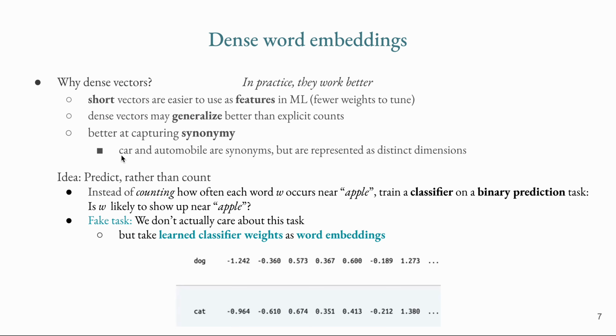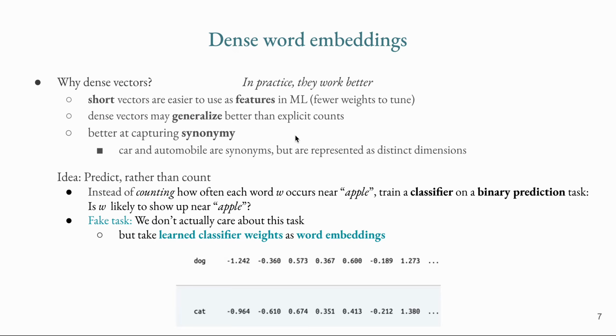Words like car and automobile, there are many words that are synonymous to one another, but they are represented as distinct dimensions, distinct entries, distinct axes. We would want car and automobile to maybe be just one entry, one dimension, one axis, instead of being separate distinct axes in the vector space. So that's why we would want to move from short and sparse vectors to dense word embeddings.